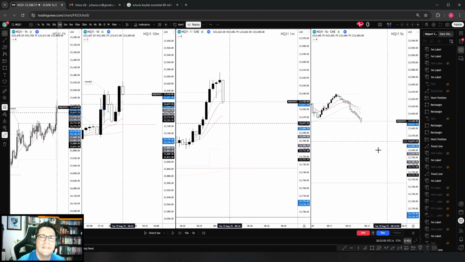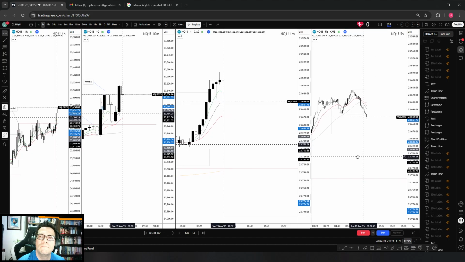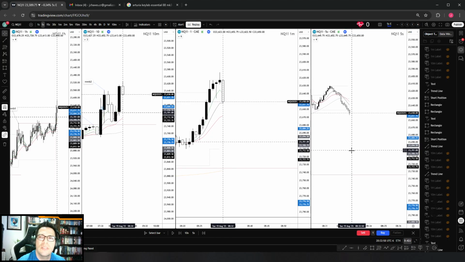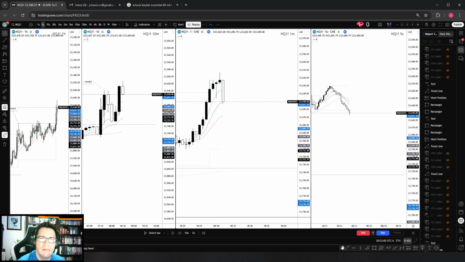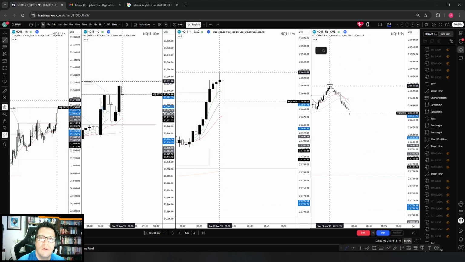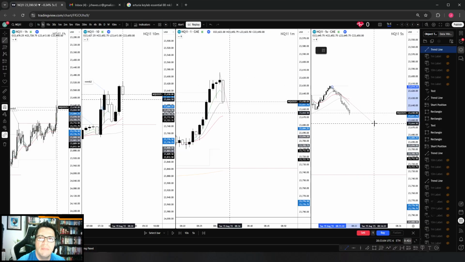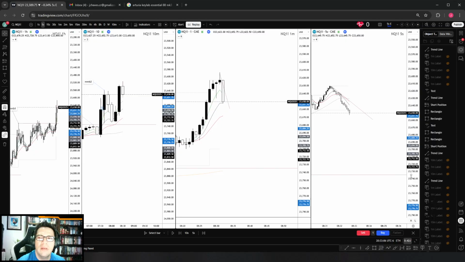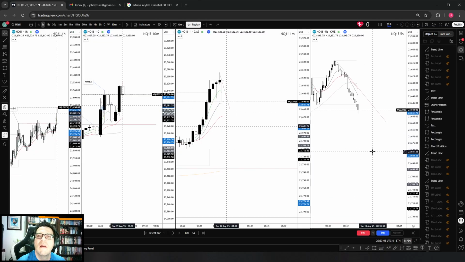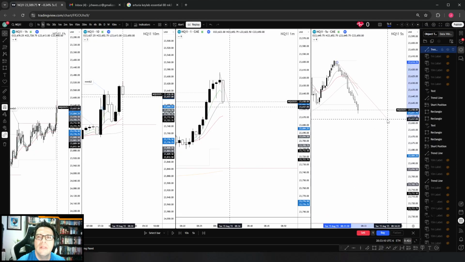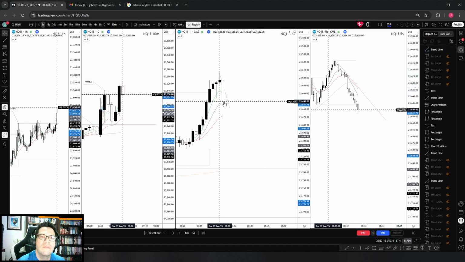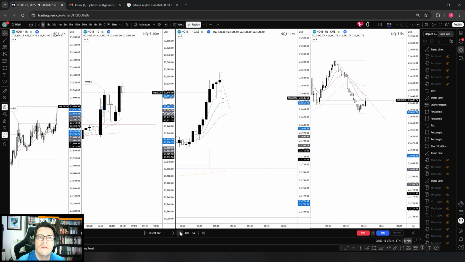So let's watch that one. Let's draw our containment line around this area here. That would be our containment line, and we have price sitting here on the 10 EMA. So let's wait if there's gonna be some sort of build up there.